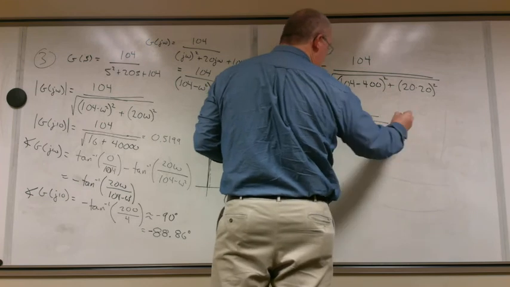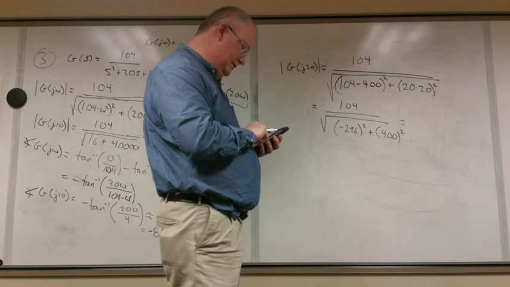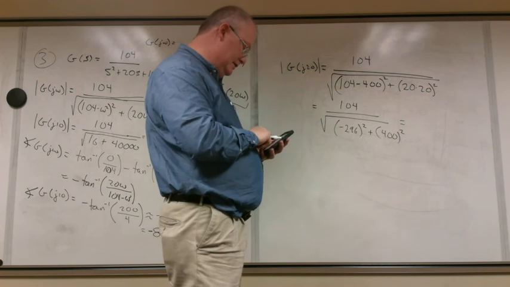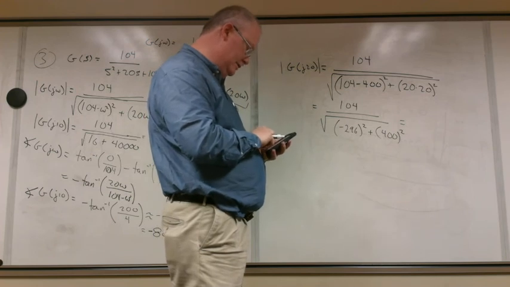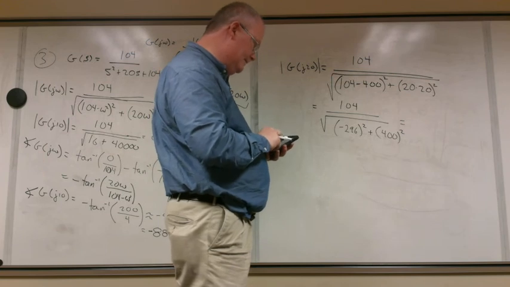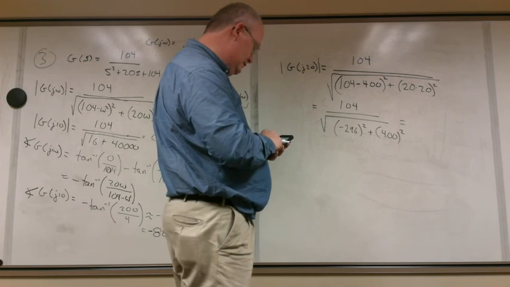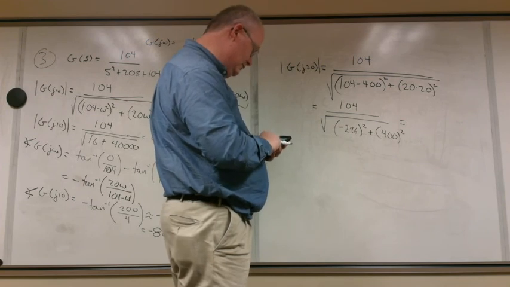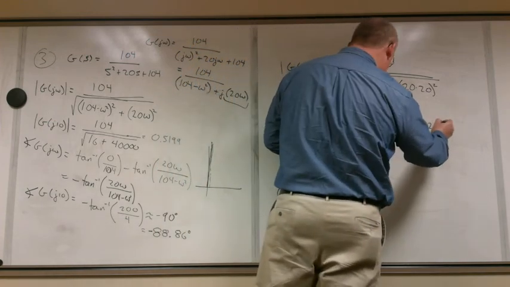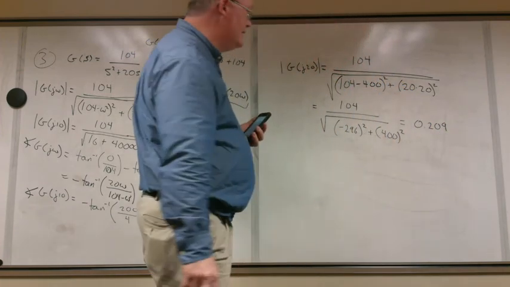We do the square root of all that. 296 enter 2 yx. I don't really need to worry about the negative when I square it, right? 400 enter 2 yx. I add those two terms together, take the square root, divide, and multiply by 104. So this is equal to 0.209. That's the magnitude of G of J20.